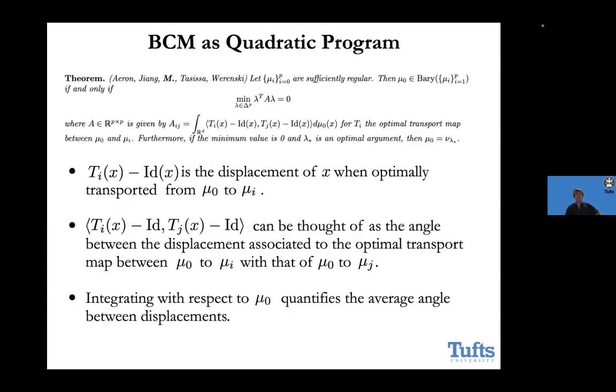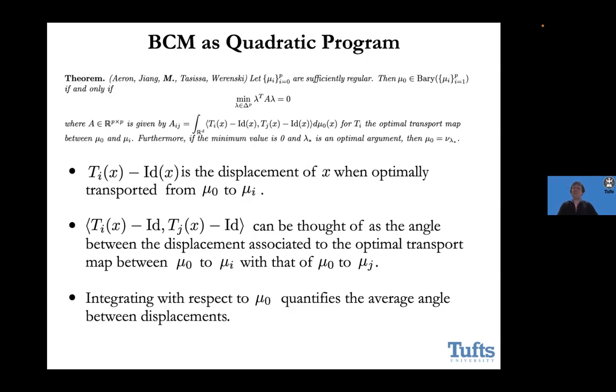Okay. So the observation we have is that this problem can be solved in terms of a particular kind of quadratic program. Suppose I have measures mu1 through mu p, which are my reference measures, and mu0 is my observation. I want to check, for example, if mu0 is in the barycentric span of these reference measures.